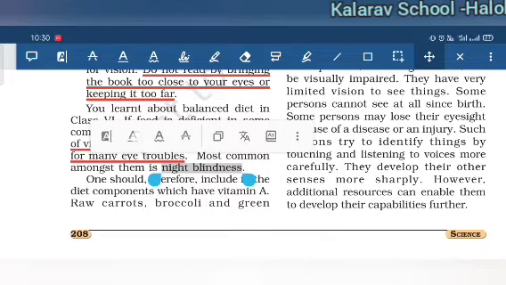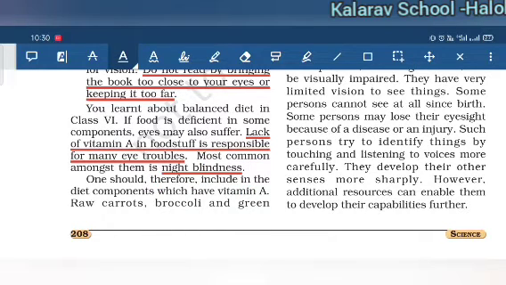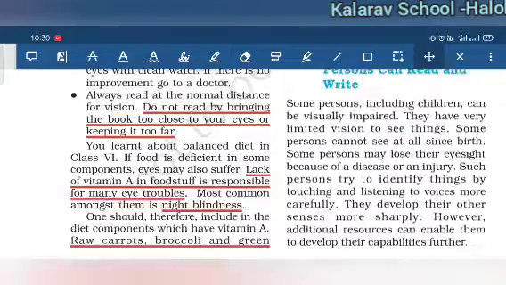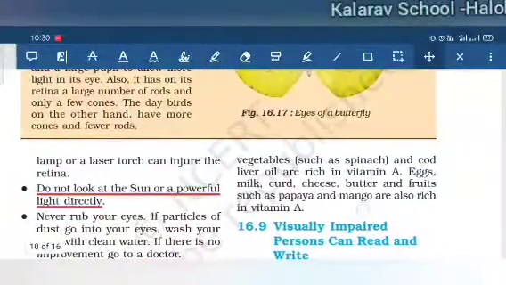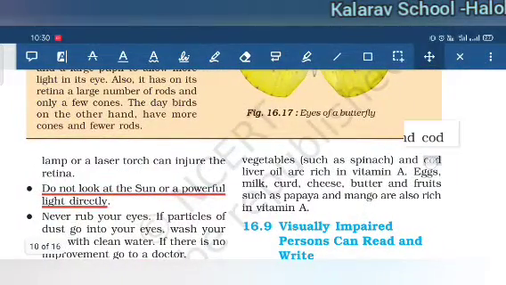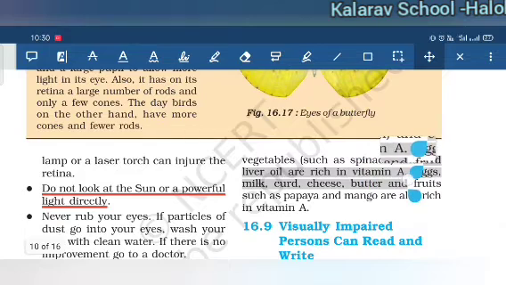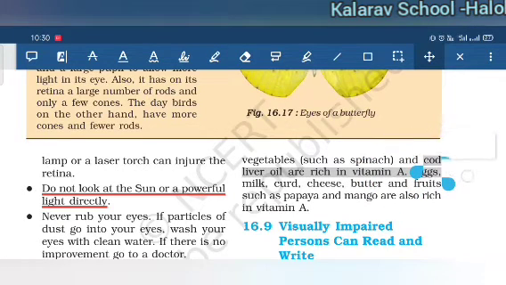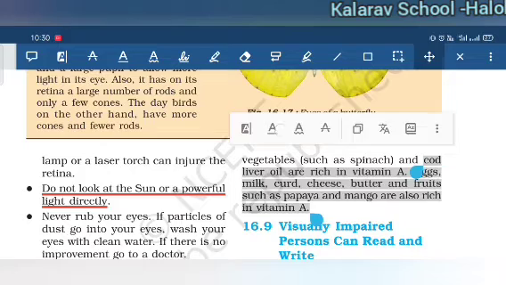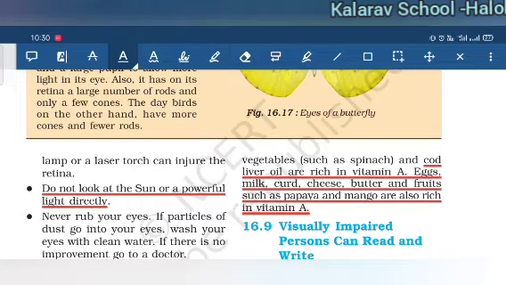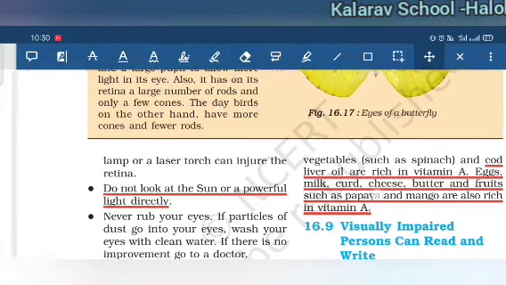So always take vitamin A sources such as raw carrot, broccoli, green vegetables such as spinach, and cod liver oil. These are rich in vitamin A. Also eggs, milk, curd, cheese, butter, and fruits such as papaya and mango are rich in vitamin A. These are the precautions you have to take to care for your eyes.